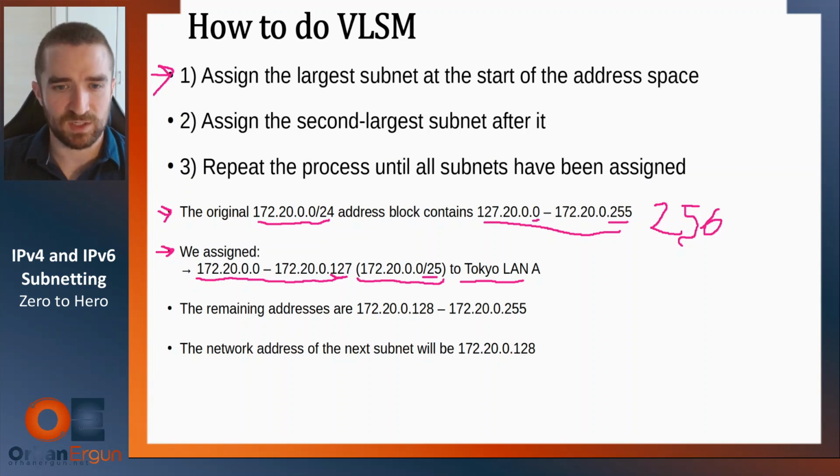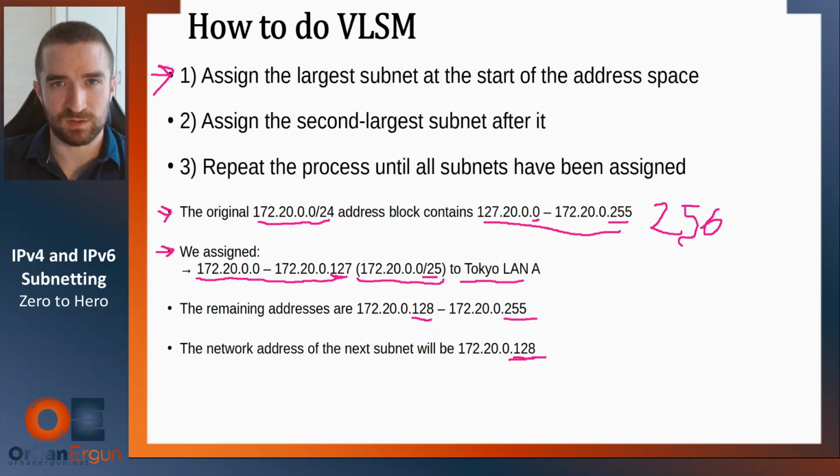Now the remaining addresses are from .128 to .255. And we will use this remaining address space to make the other subnets. Now the network address of the next subnet will be .128, right? Because it's the next address immediately after Tokyo LAN A. Tokyo LAN A's broadcast address was .127, so the network address of the next subnet will be .128.